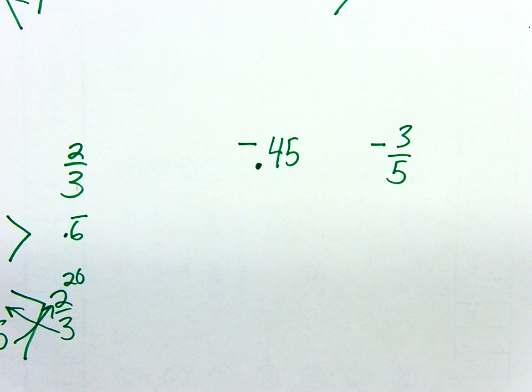What I like to do, me personally, is pretend that they were both positives for a minute. I'd find the bigger one, and then once I go into negative land, it becomes the smaller one, right? Because the further you go into negative land, the smaller the numbers get, not bigger. You have an answer already? Let me make sure I have an answer.